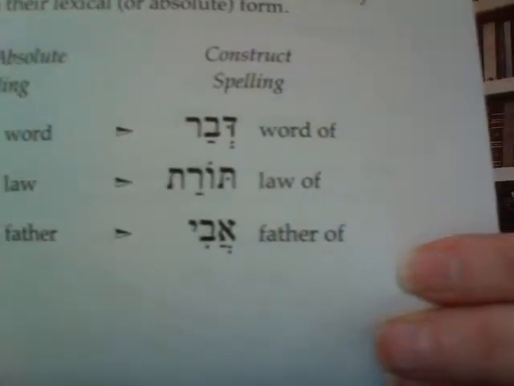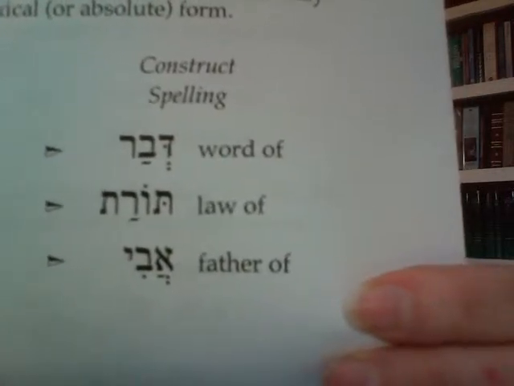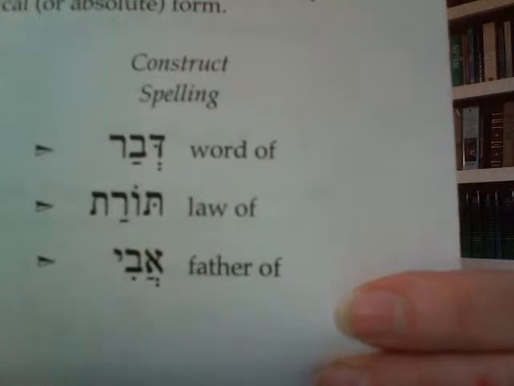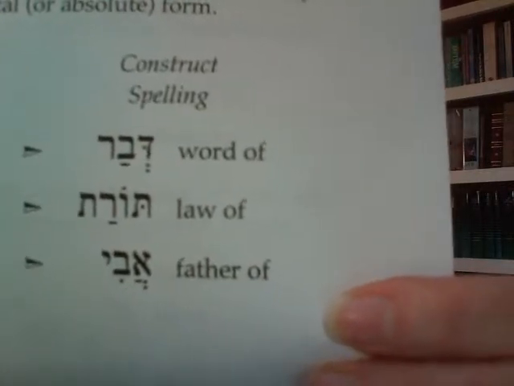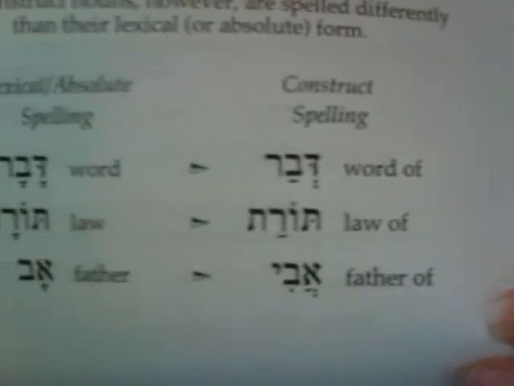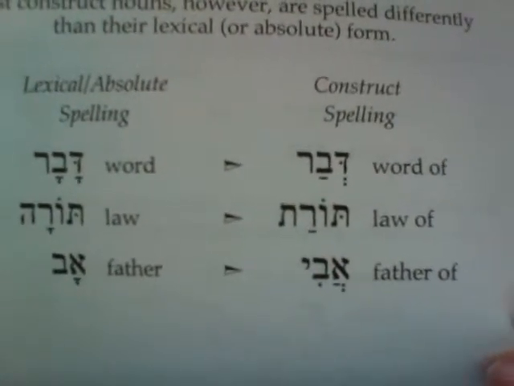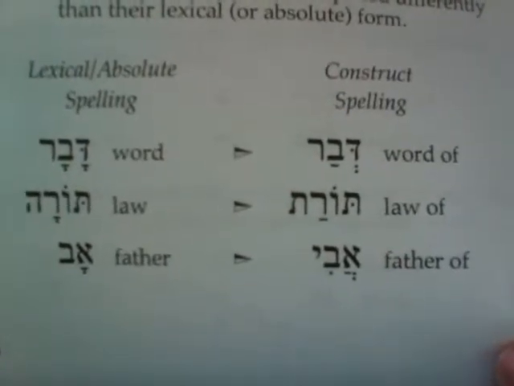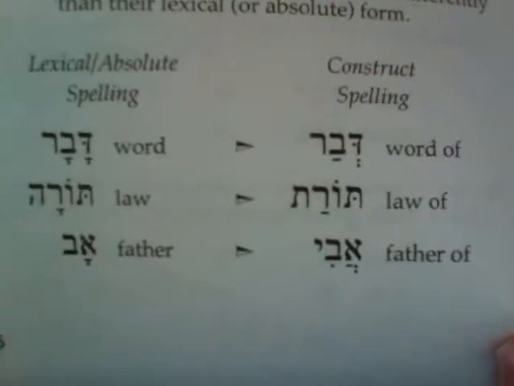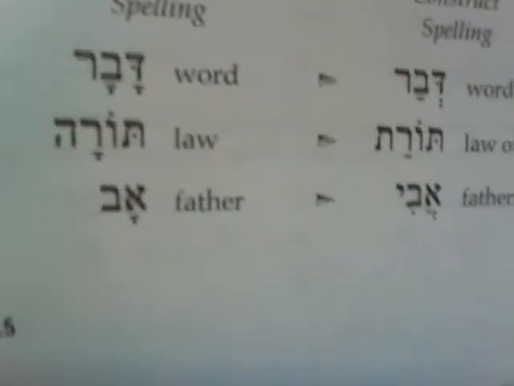And then when it's in a construct spelling, it surrenders its accent, and those vowels are going to want to take the shortest form possible, the vocal schwa and the patha. So that's how you would determine the word between, word of, in a construct spelling. And that's going to, again, help you very much in your translation.